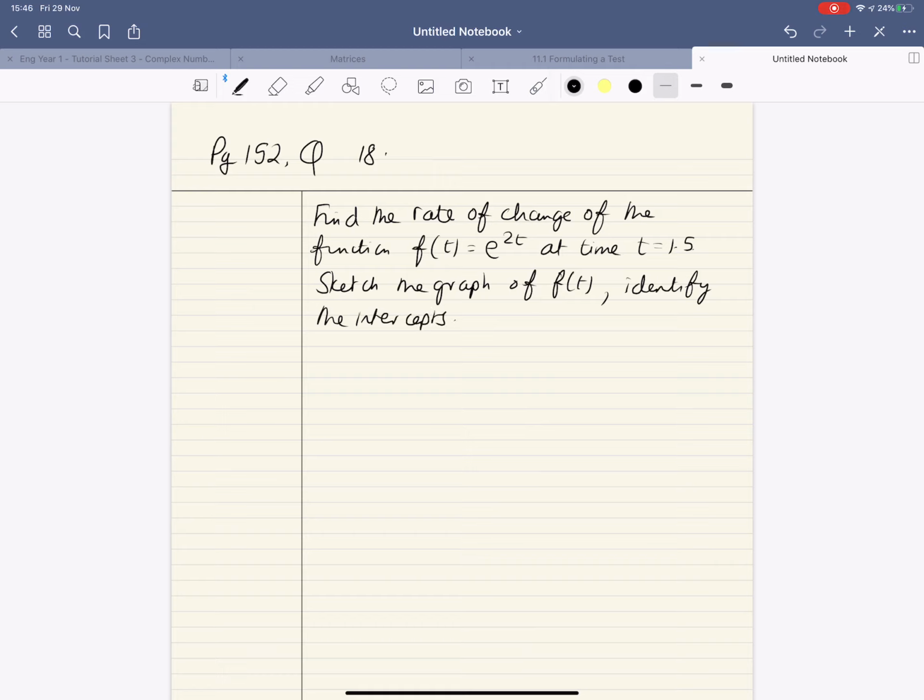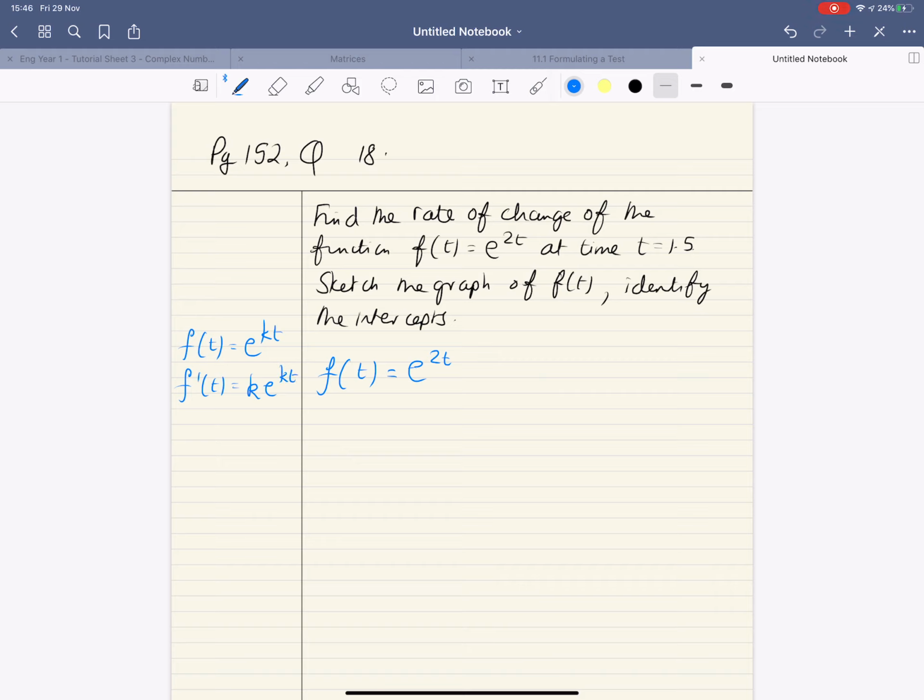Okay, right, so this is nice and quick. The reason being, if you remember, if f of t is e to the kt, then f dashed of t is k e to the kt.